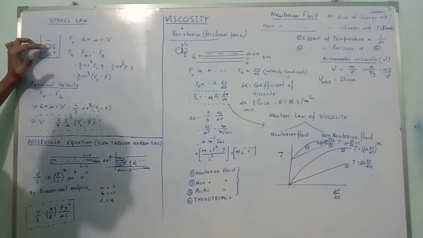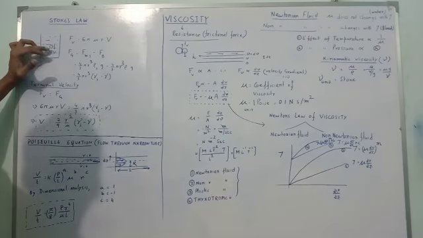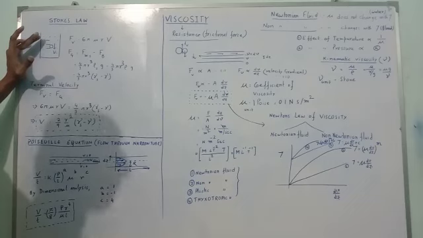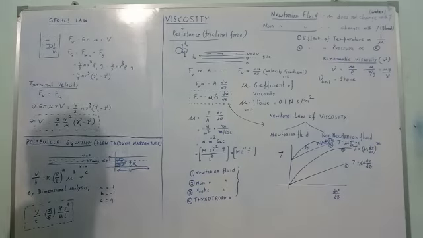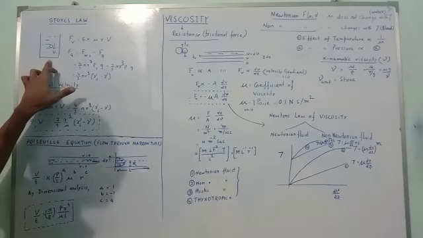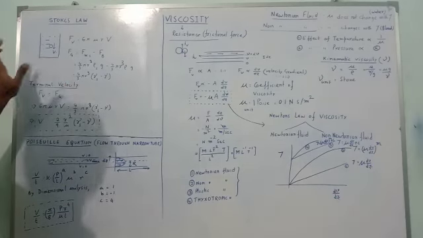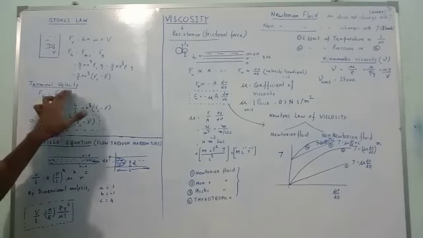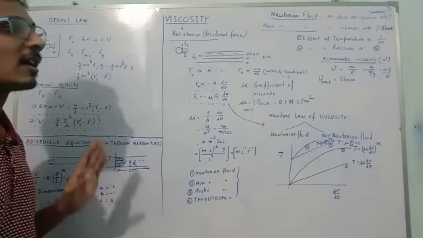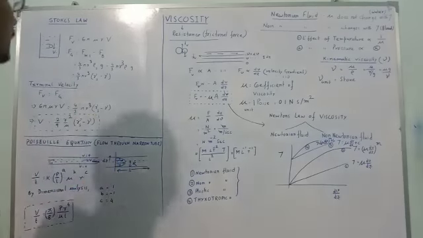After some time, when the buoyancy force and the weight of the ball are equal, the ball moves with some constant velocity till it reaches the bottom of the container. That constant velocity is called the terminal velocity of the spherical ball.